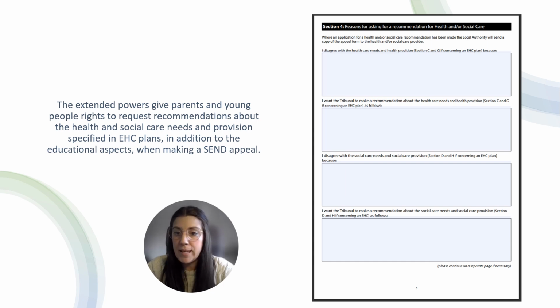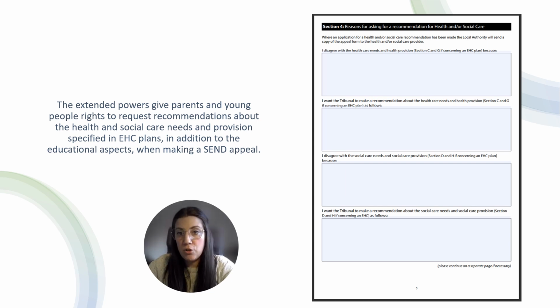So basically, the extended powers mean that the SEND tribunal are able to make recommendations regarding the sections of health and social care within the EHCP, alongside appeals about the health or social care elements within the EHCP. There must already be an appeal for B or F or I, or a mixture of those sections.